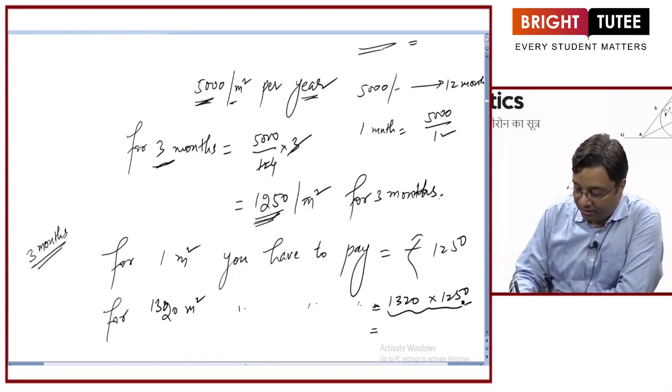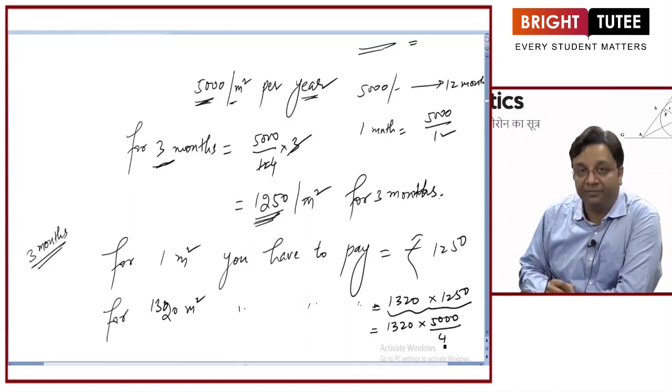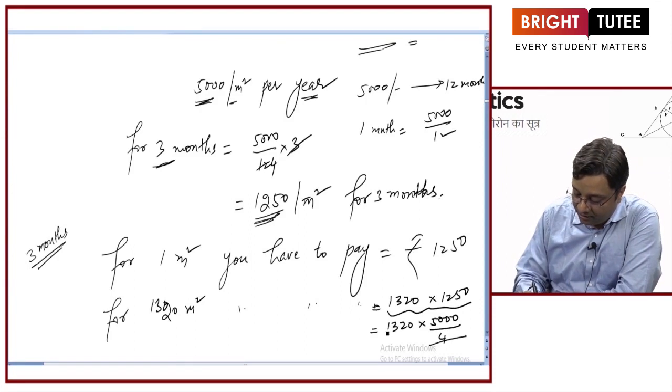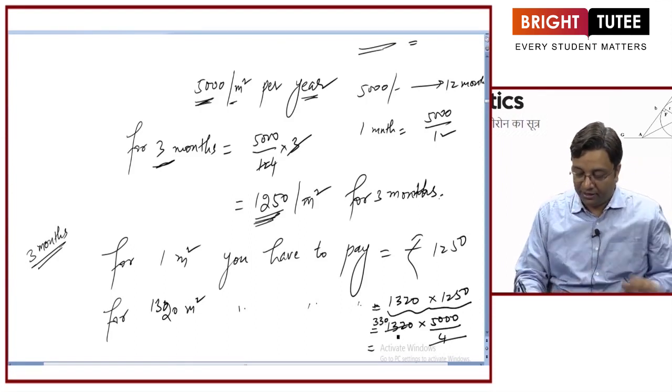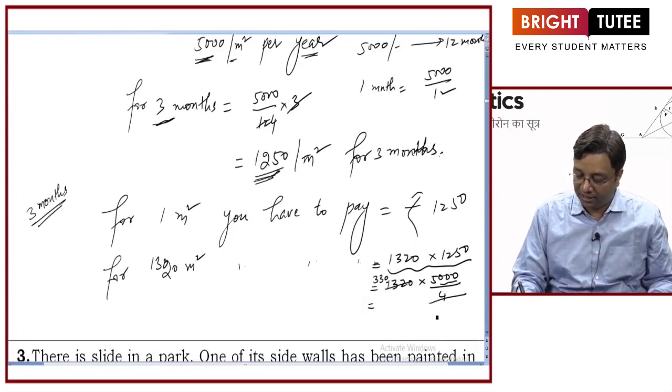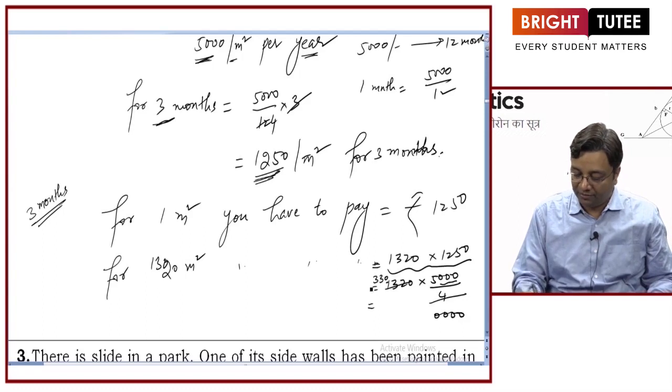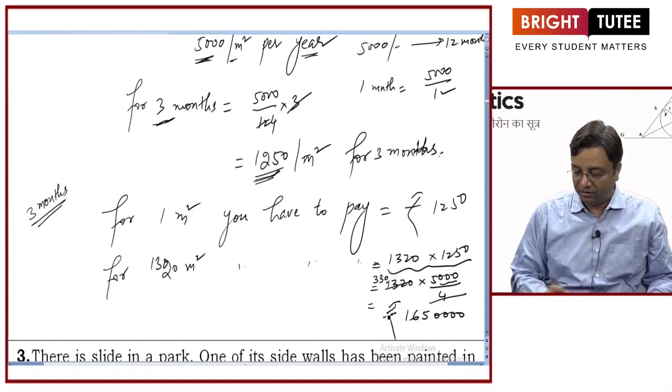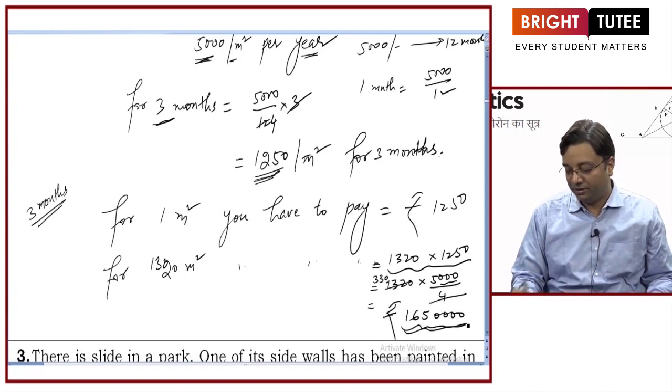So to calculate this, I will write it in the form of 5,000 by 4 once again, okay. So it will be 330. Now 3 zeros and 1 zero here, I will have 4 zeros in the end, and 5 into 33 will give me 165. So the company has to spend this much rupees.